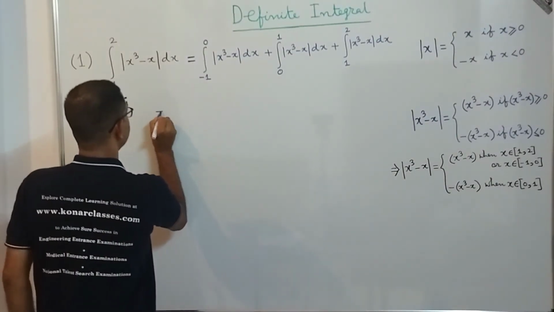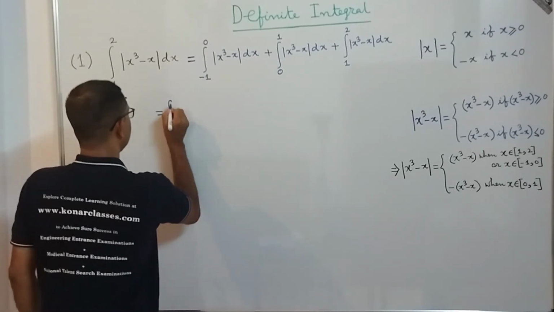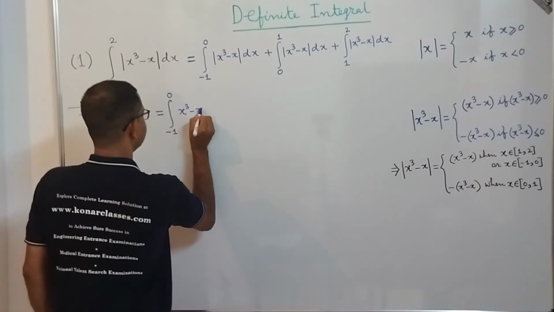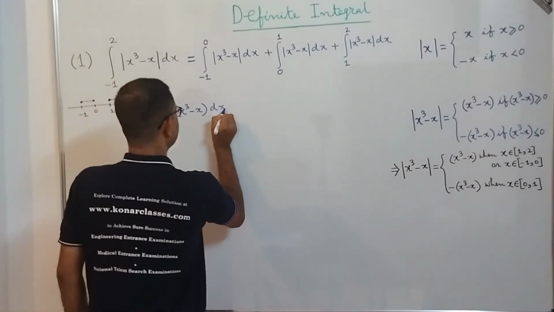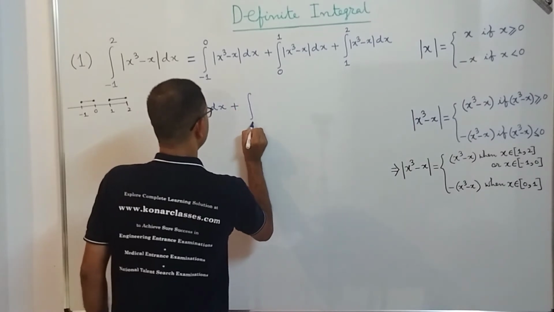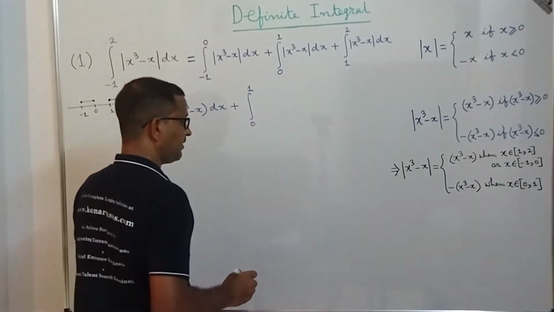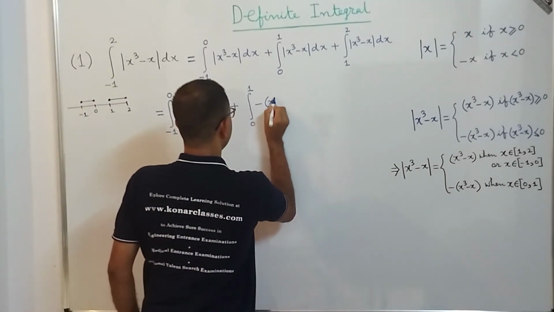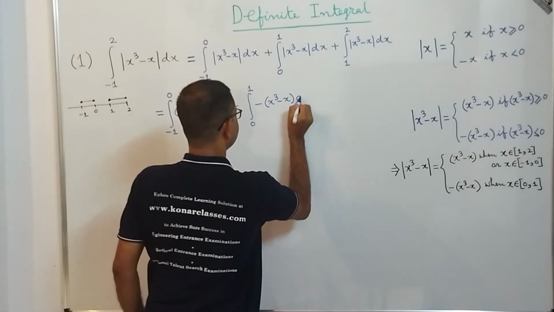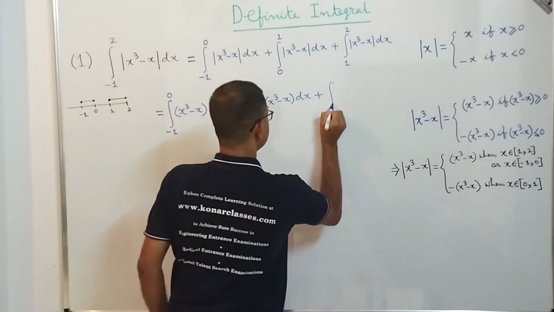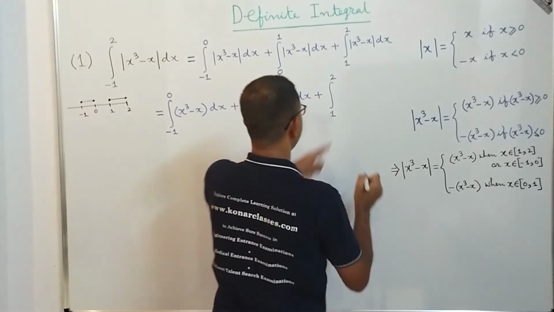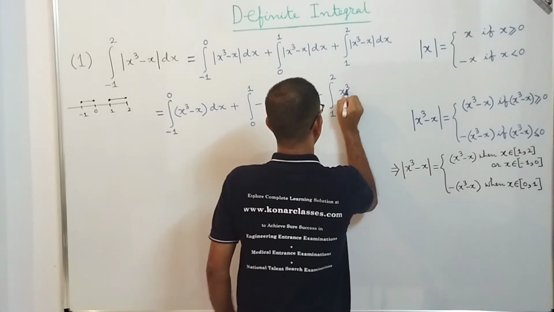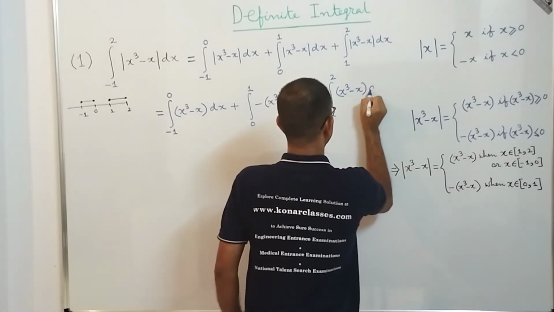So what we can write from here: from -1 to 0, we can write mod of x cube minus x equal to x cube minus x dx, plus integration 0 to 1 mod of x cube minus x should be minus of x cube minus x, so minus of x cube minus x dx, plus integration 1 to 2 mod of x cube minus x will be x cube minus x, because this is in this branch, so x cube minus x dx.